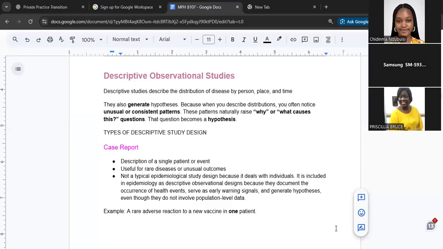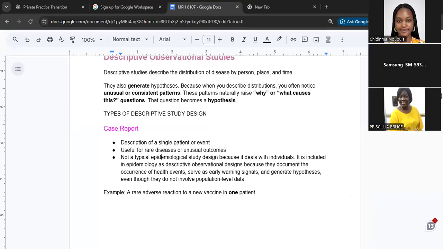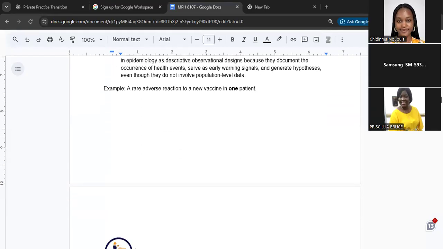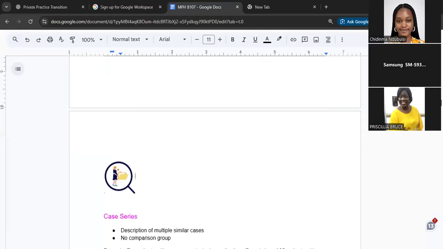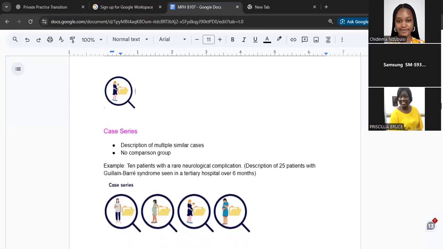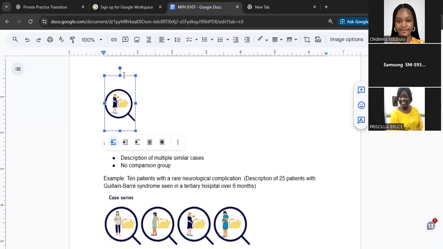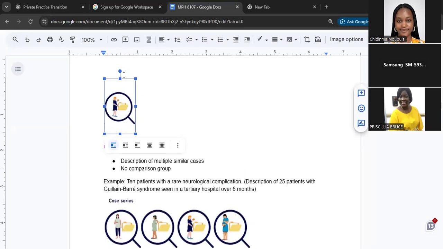So that is case report, and I hope that one is clear. Now, the next one under descriptive study design that we are going to talk about is still similar to case reports. The image I added here is of just one person. That's just one case. So that's case reports.